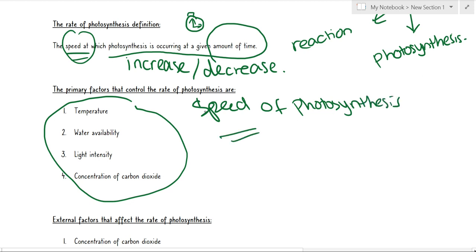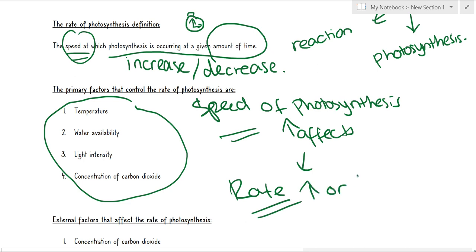And it will also affect whether or not the process, the rate. So when we talk about speed, it's always talking about the rate increasing or decreasing. So temperature is a condition.